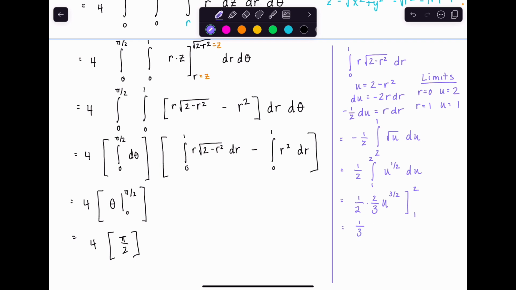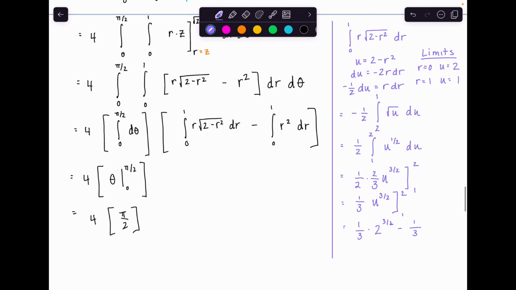So this becomes 1/3 u to the 3/2 evaluated from 1 to 2, which gives you 1/3 2 to the 3/2 minus 1/3 1 to the 3/2. So we've done that integral completely. So this becomes 1/3 2 to the 3/2 minus 1/3.